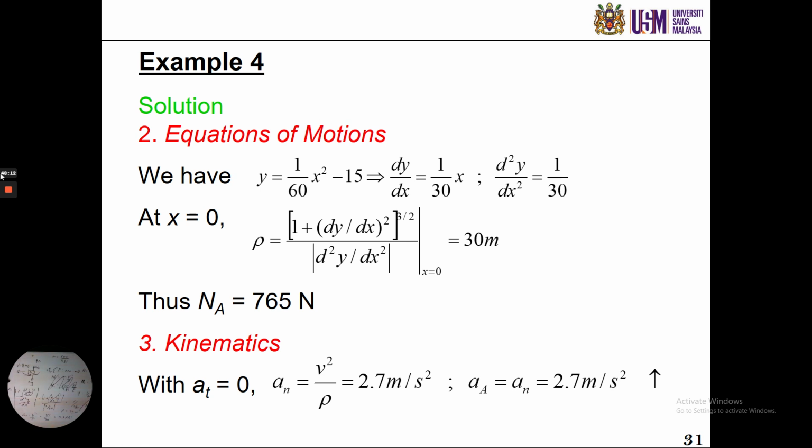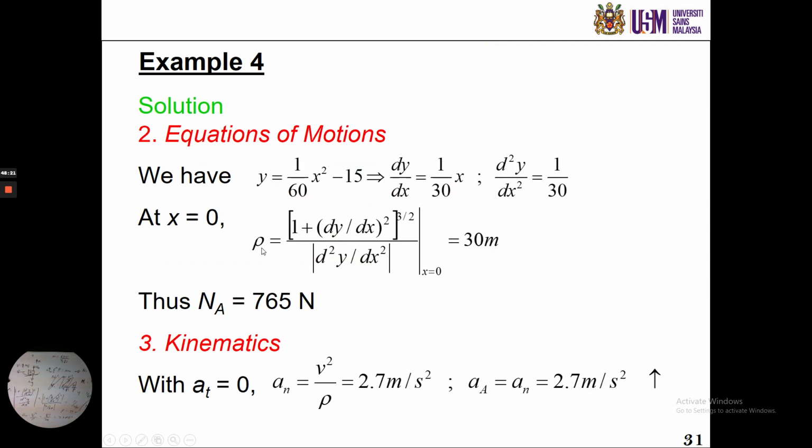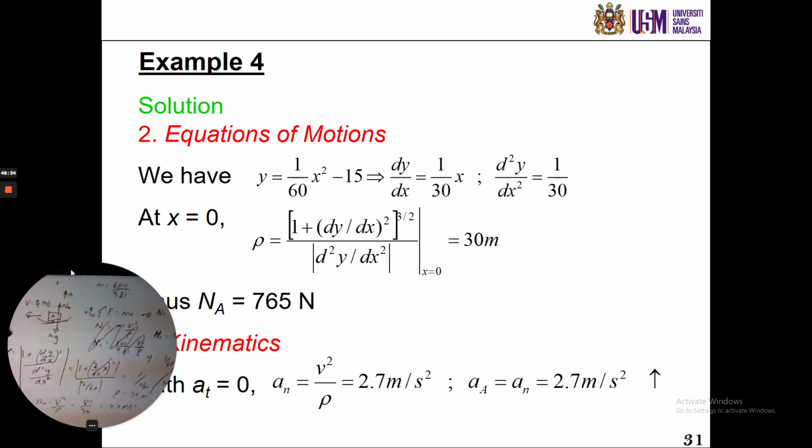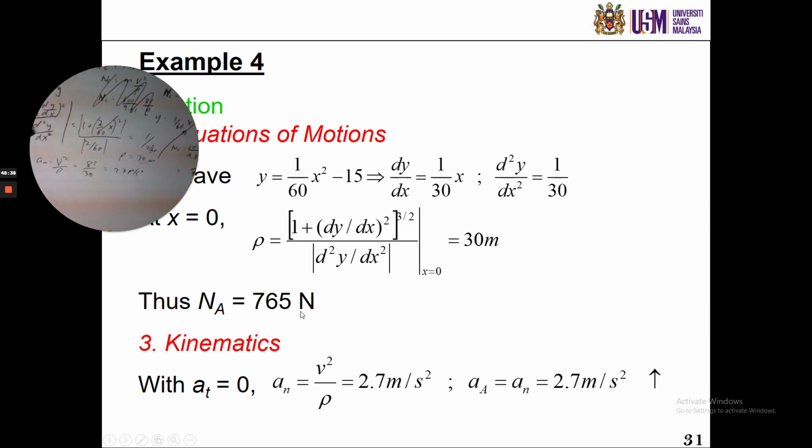Okay, and then we go along with the equation of motion, since we do not know rho here, to solve for N. So rho equals 30 meters, like I showed. And then N, the normal force, is 765 from the calculation.